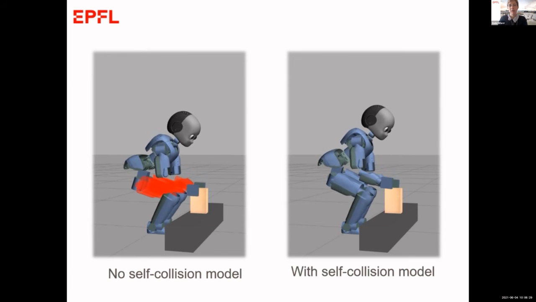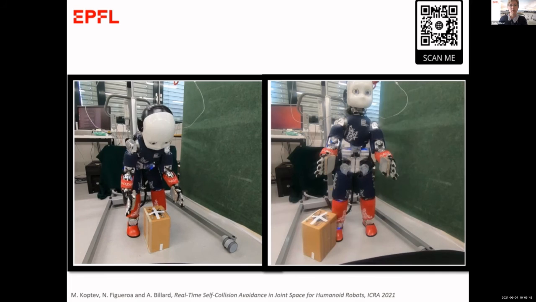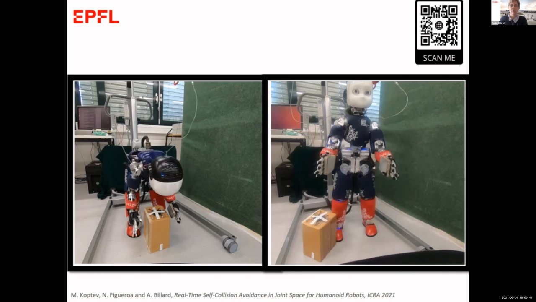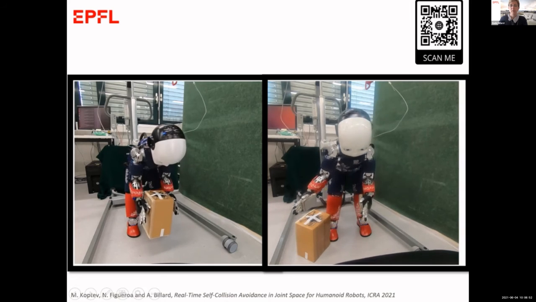On the left-hand side, you have the inverse kinematic solver, that's traditional, that we use first. And then when we use the self-collision model with the QP, we get a feasible posture at runtime to get the object. Here are two videos that show that it's possible to implement it on a real robot. So going down, picking up the object, here when the object is lying on the front, and then when the object is lying on the side.